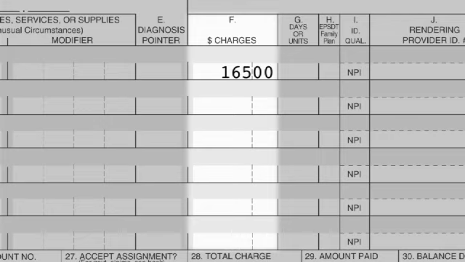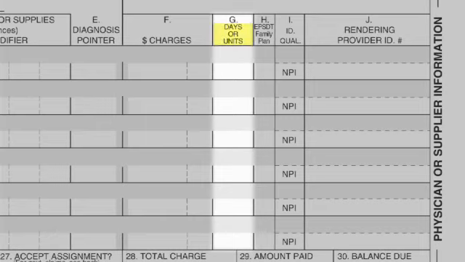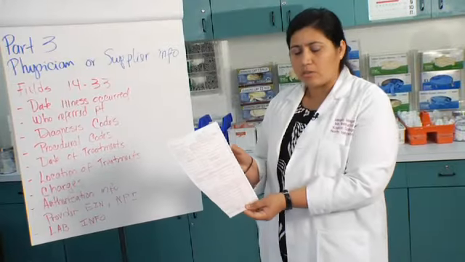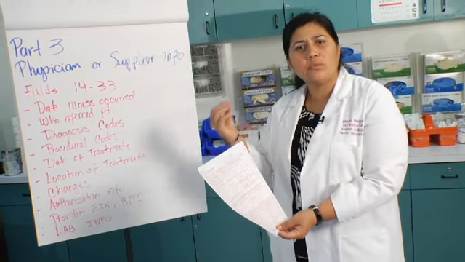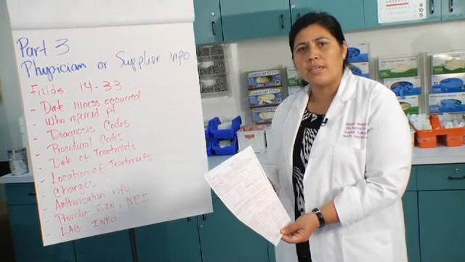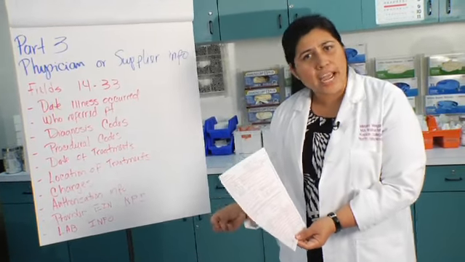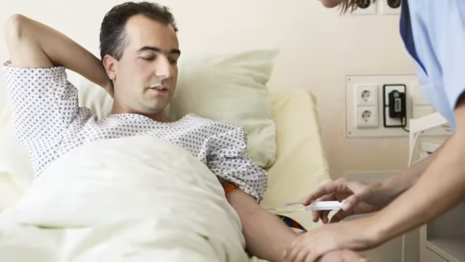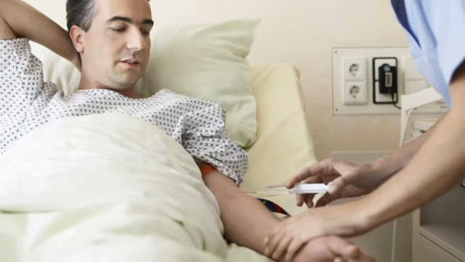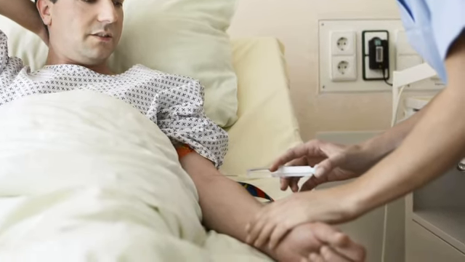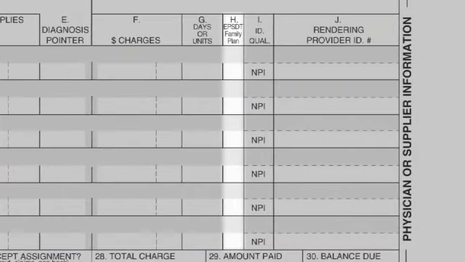Then the last one here is days or units in letter G. Letter G, it's about how much did we give this patient. And this is talking about, did we give him an injection? If we gave him an injection, how many units did we give him of that injection? Then we have H. Is this a family plan?